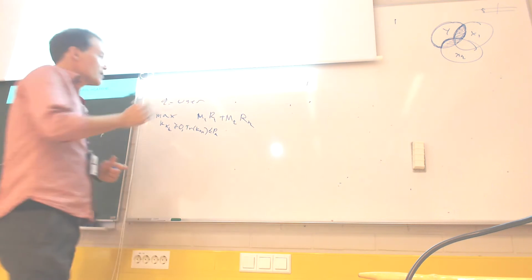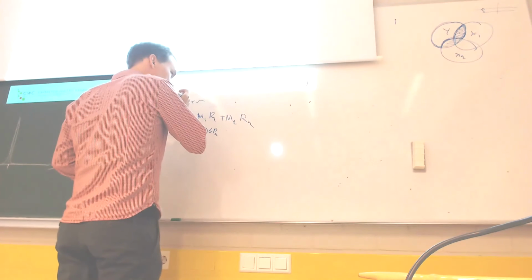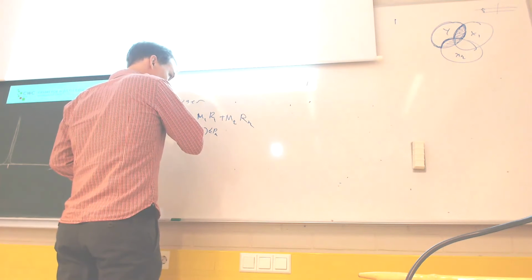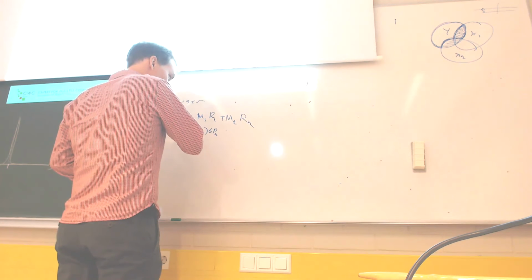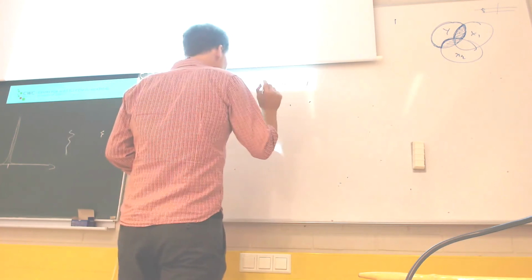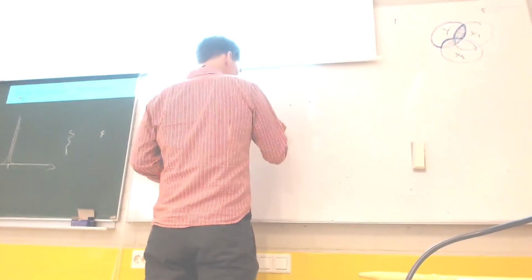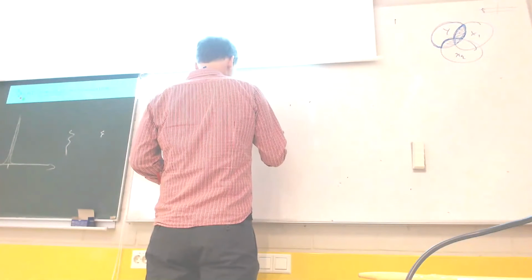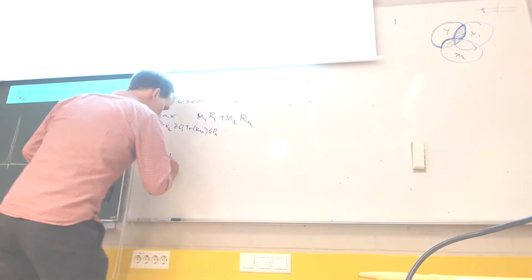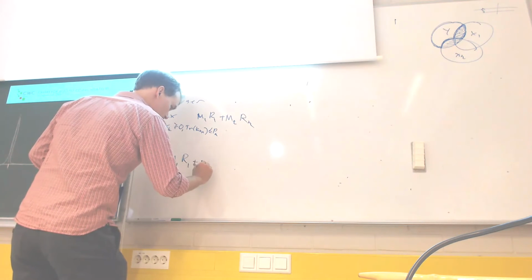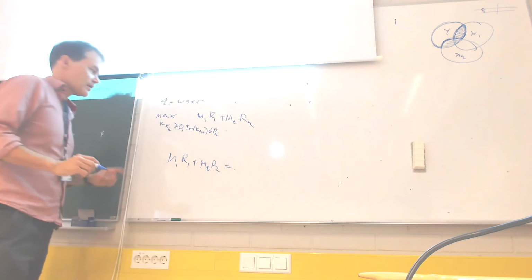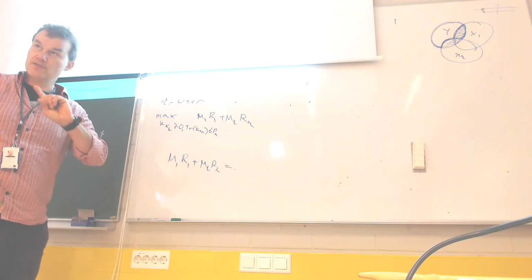So let's assume now that user 1 is decoded last. So, weighted sum rate expression. User 1 is decoded last, so no interference, right?